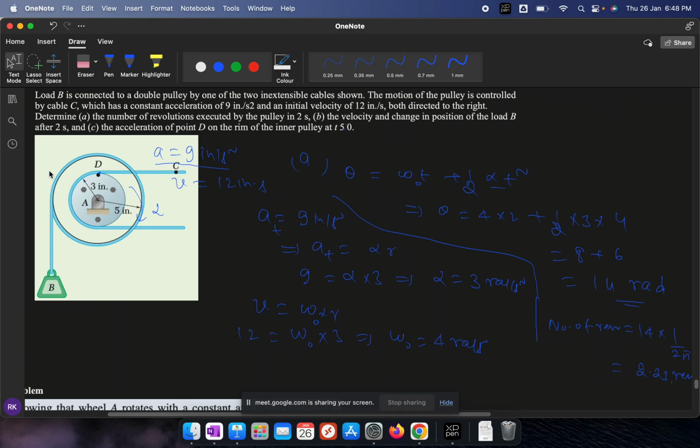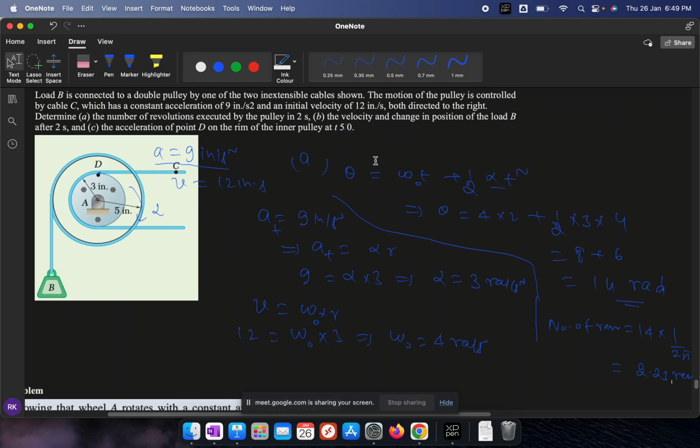It is asking about this point, for load B. So what will you do for that? R omega. But the problem is, what is the omega after time 2 seconds?